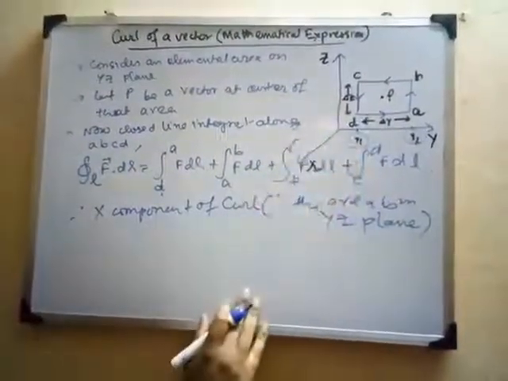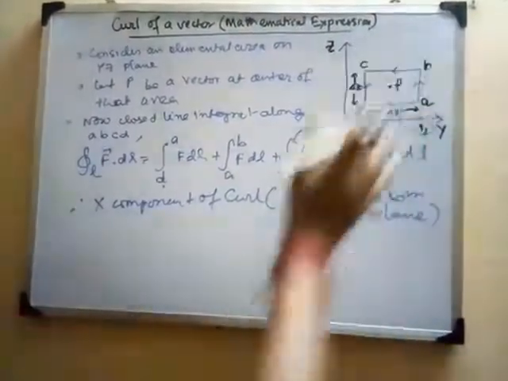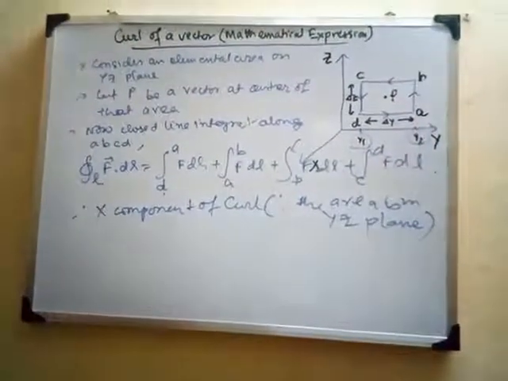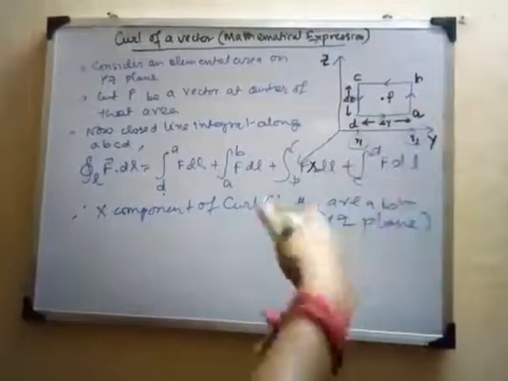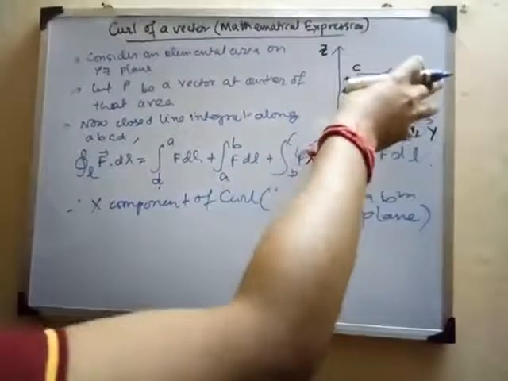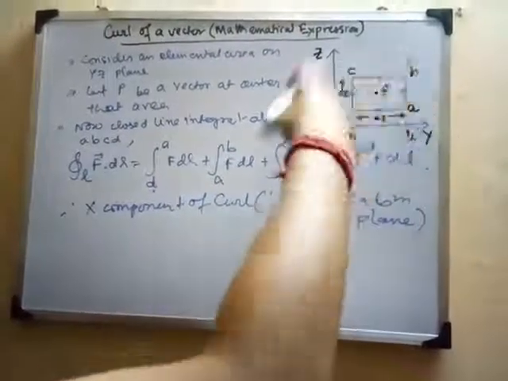Correspondingly, if the area is in the xz plane, we will take the y component. So similarly, it changes as per the orientation of the system in the coordinate system.